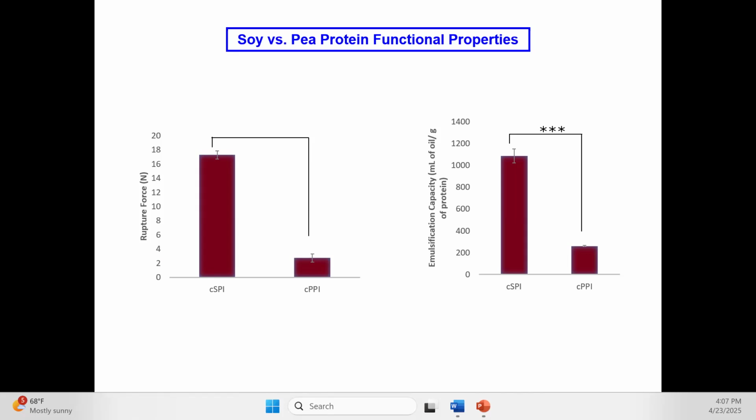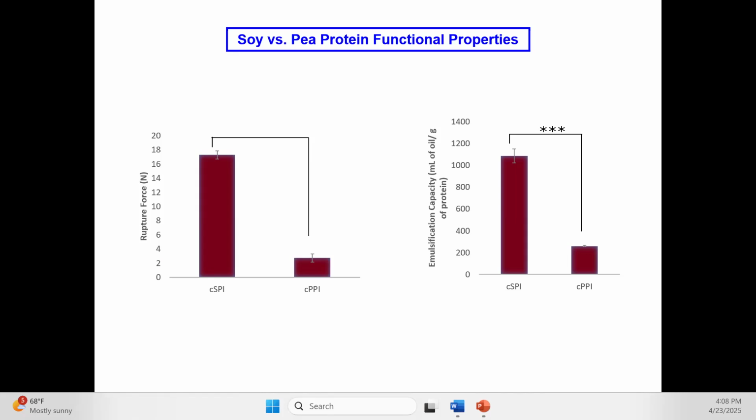Also, there is a different ratio of legumin to vicilin. In pea, there's a much smaller proportion of legumin to vicilin, whereas in soy there's more. Legumin is the gel former, and vicilin is more of the emulsifier. So that's why you see a difference in gel formation.